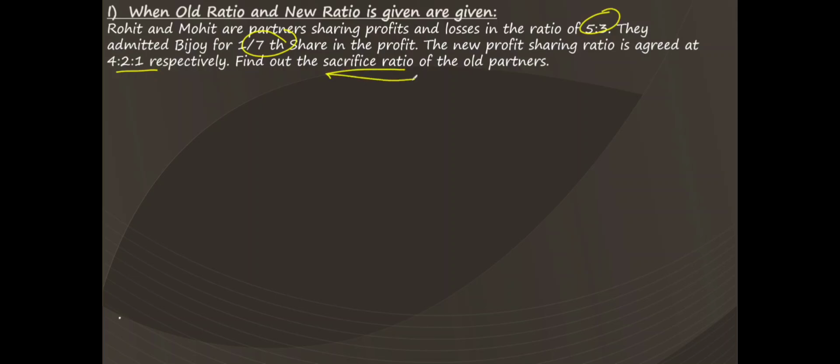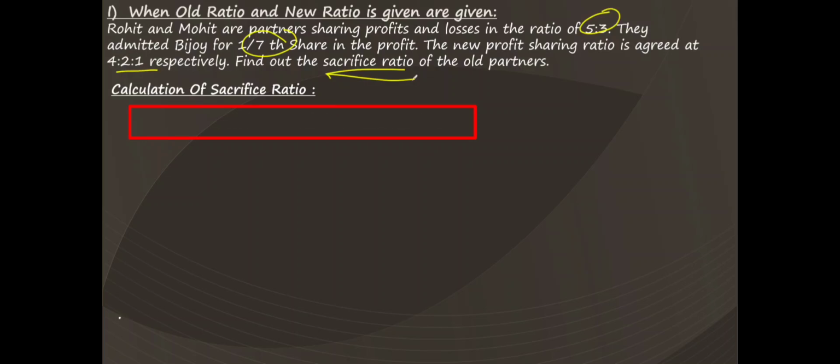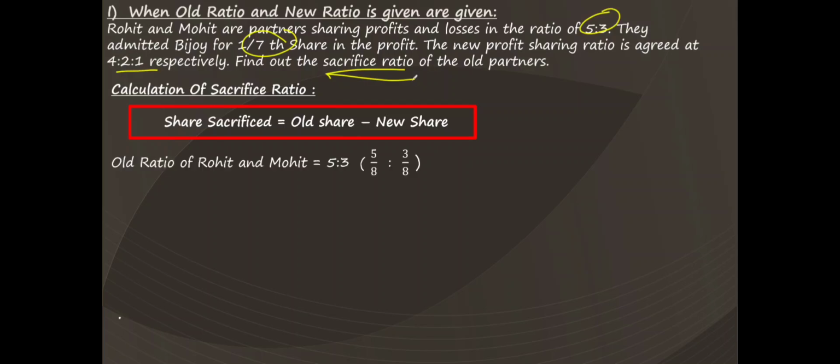So let's first take the formula for the calculation of sacrifice ratio. Share sacrificed is equal to old share minus the new share. So according to the question, let's put down the information given. Old ratio of Rohit and Mohit is given as 5:3. So 5 plus 3 will be 8, so this will be the denominator.